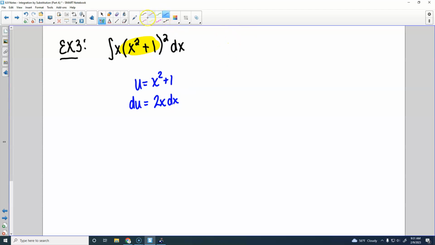So our issue this time is that if I write this way, x squared plus 1 squared, I've got an x and a dx, but I don't have the 2. To replace that with du, I have to have a 2 there, and I have to have the du before I can integrate.